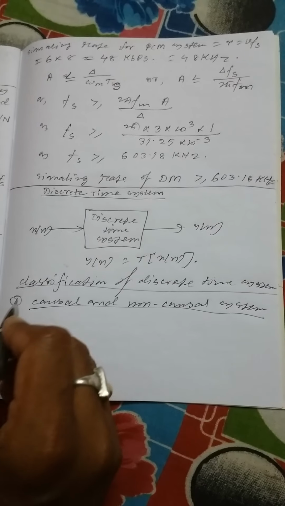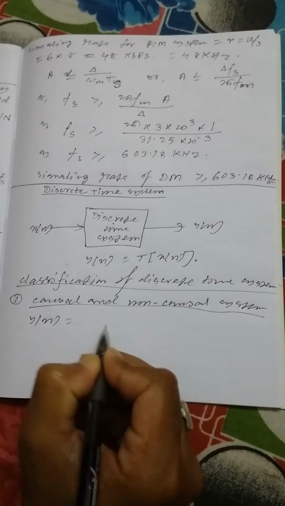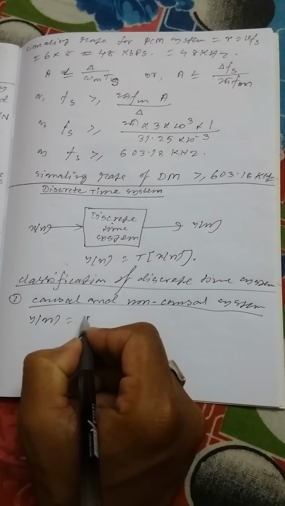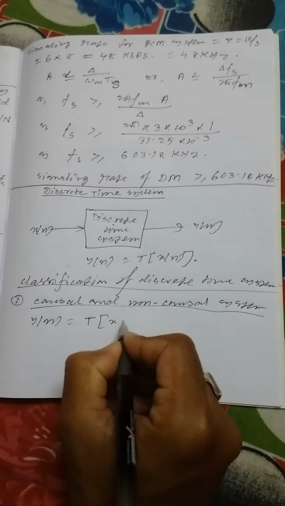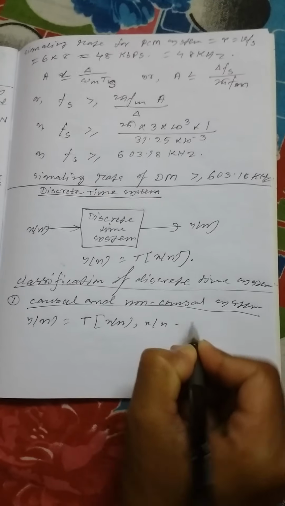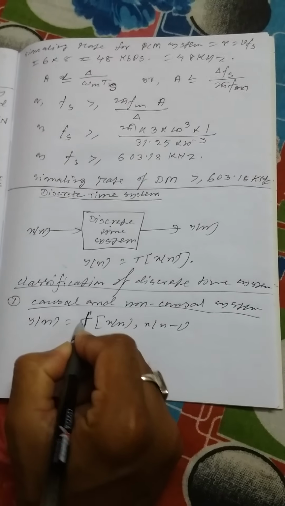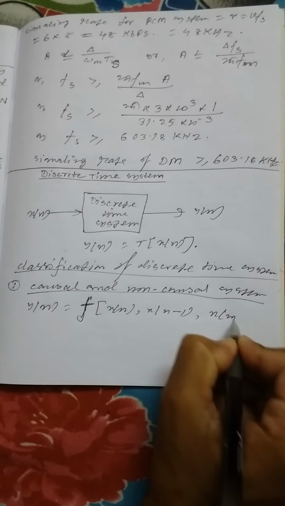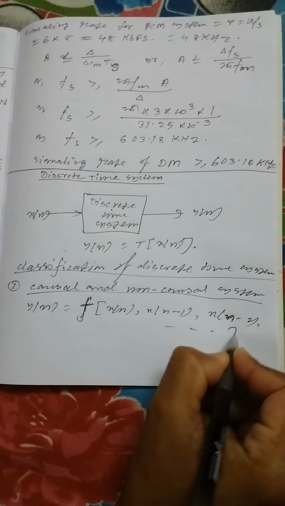This can be represented this way. The output of the system y(n) is basically a transformation of x(n), x(n minus 1), or it may be a function of x(n), x(n minus 1), x(n minus 2), like this.